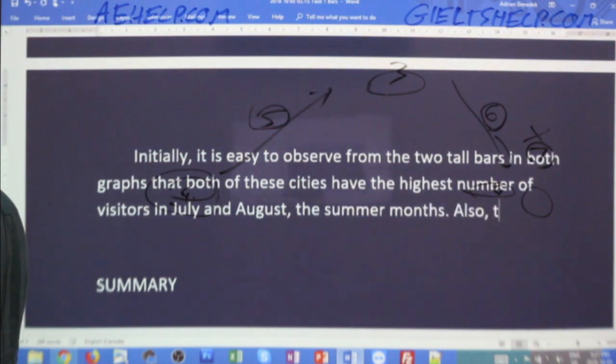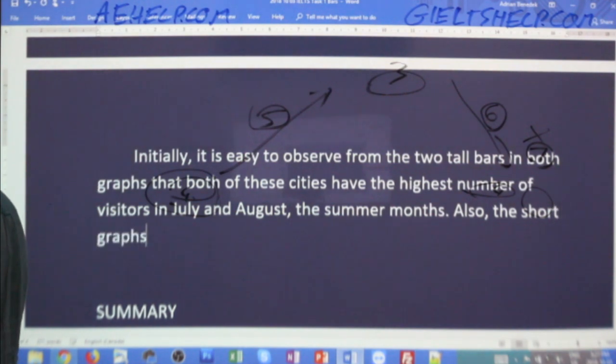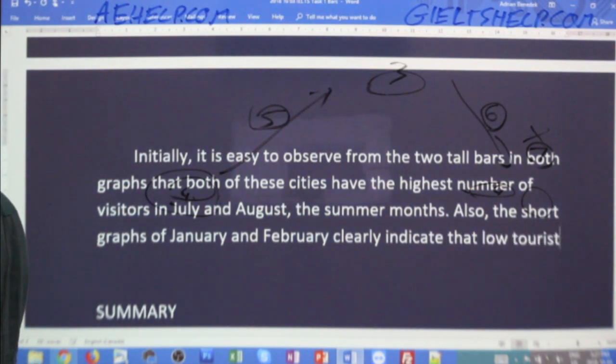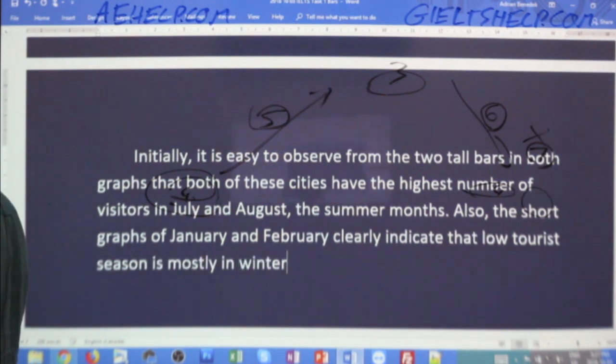Also, the short graphs of January and February clearly indicate that low tourist season is mostly in winter.